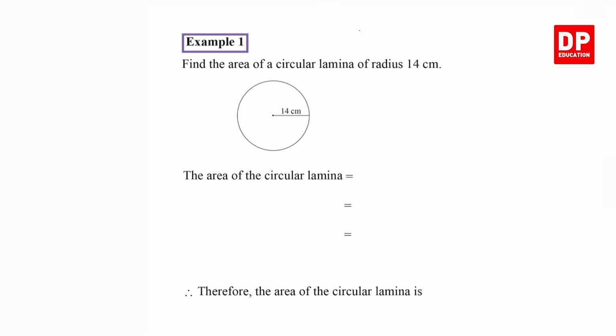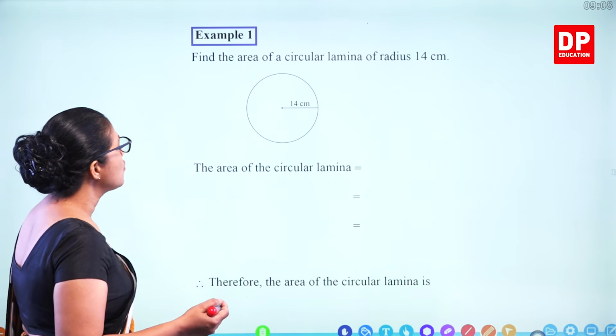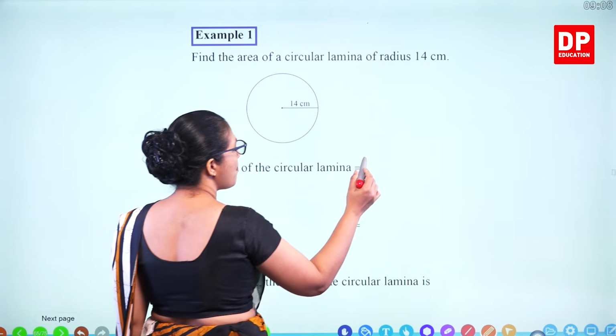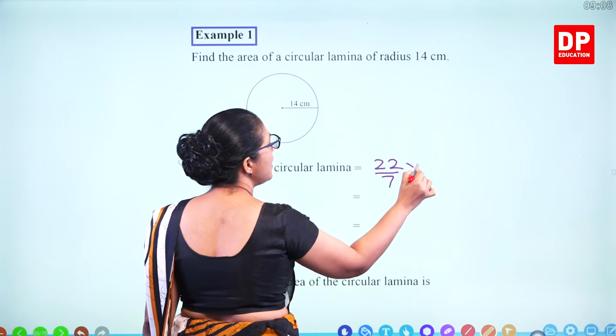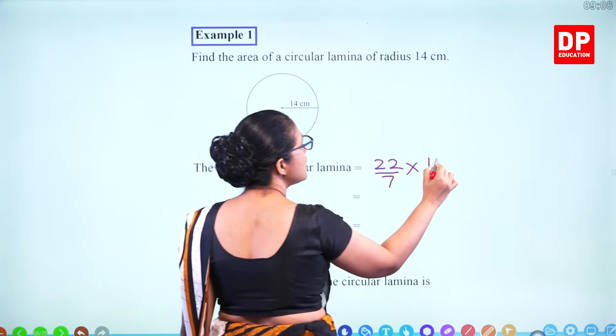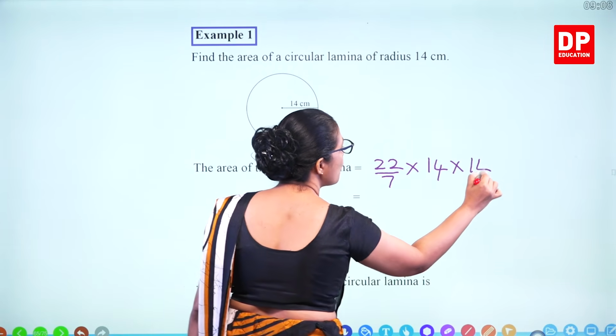Example number 1. Find the area of a circular lamina of radius 14 centimeters. So area of a circle is pi r square. So pi is 22 over 7. Radius is 14, 14 times 14.